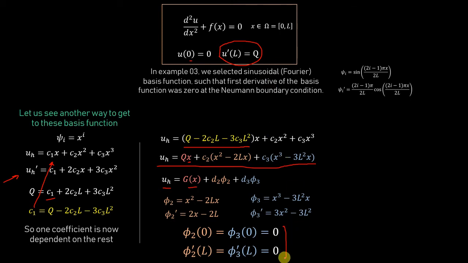So by doing these operations, we have achieved what we wanted. We wanted basis functions and their derivatives to be 0 at the essential and Neumann boundary conditions respectively, wherever they are specified.